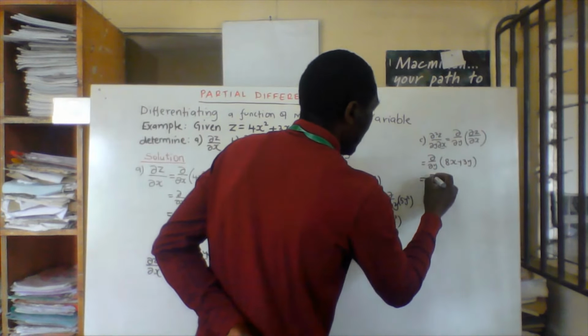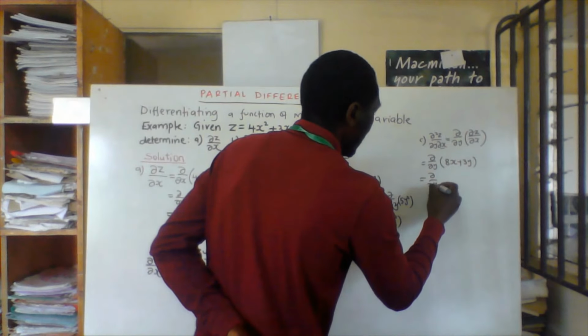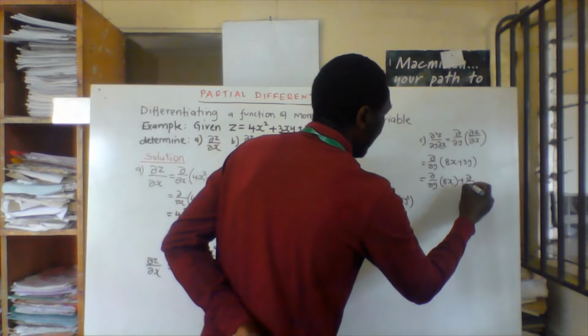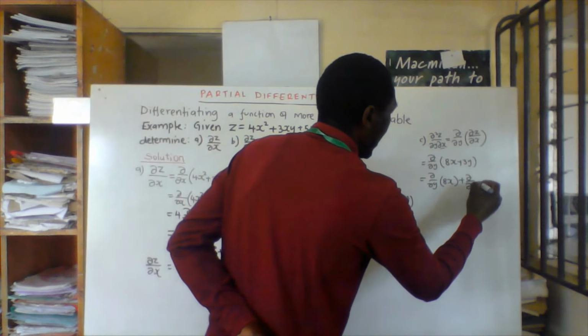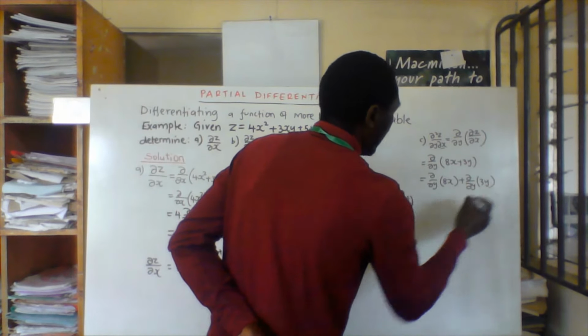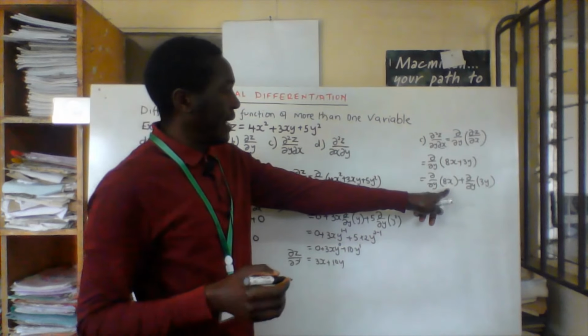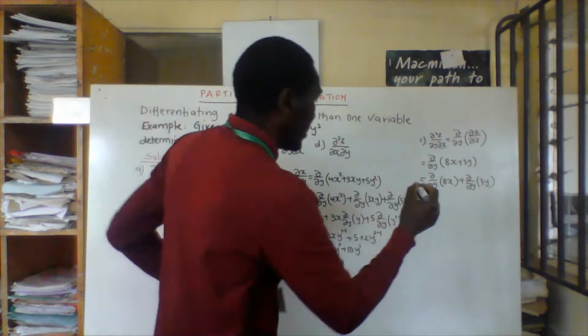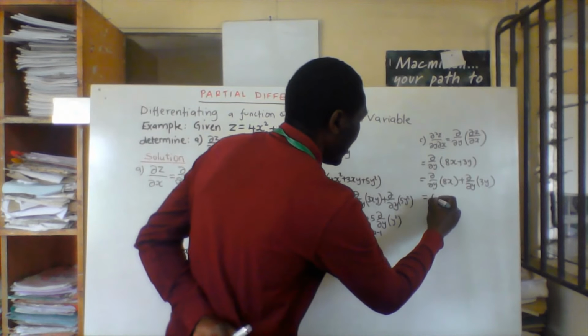So this is going to be the partial derivative with respect to y of 8x plus the partial derivative with respect to y of 3y. Because the first term doesn't have y, it's treated as a constant, so this gives us 0.